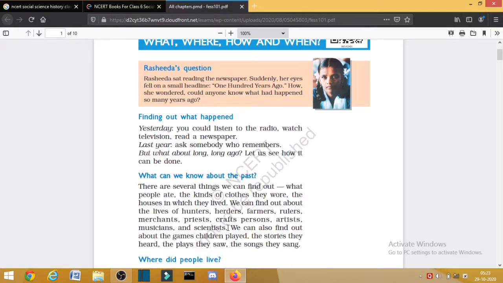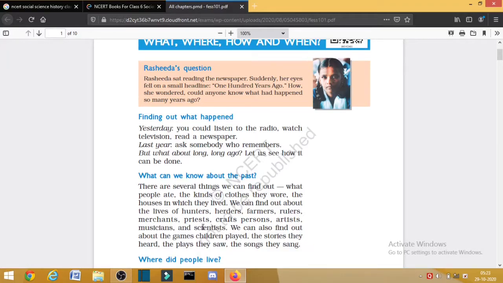People do not know this knowledge of houses, food, whatever we are having nowadays. We can find out about the lives of hunters. Hunters used to go for hunting, how they led their life.